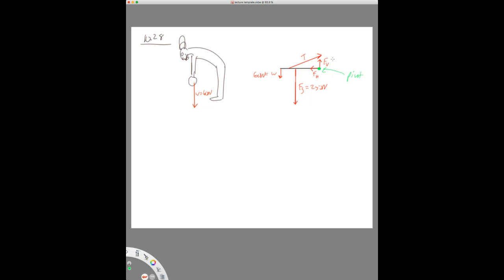The problem gives us a 12-degree angle for the back. And now we can write out our net torque equals 0.